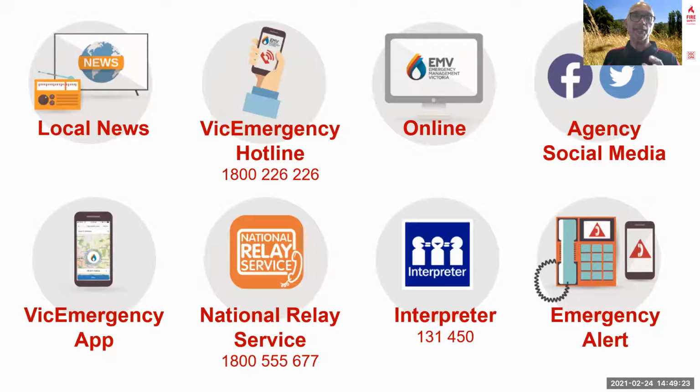It has the capacity to tell you what the weather conditions are, either in your locality or the surrounding area. And you can actually set that for a set radius. If you're traveling from A to B, if you're trying to plan your way away from a fire situation, it will provide you with information to allow you to do that. And it will also give you information about fire activity in the area, and Julie will be talking about that shortly. So number one, the Vic Emergency app.